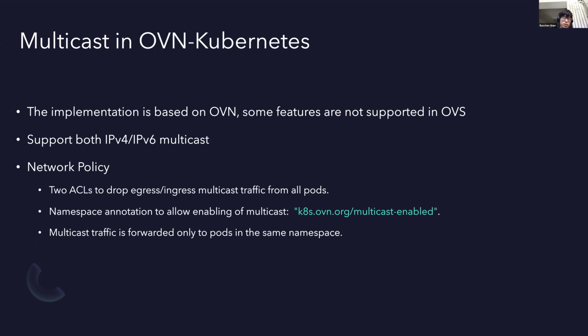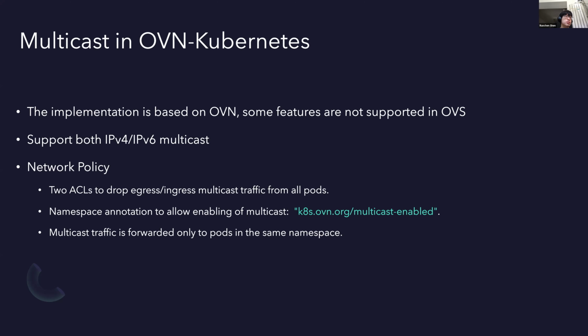And OVN Kubernetes supports the most features in terms of IP multicast. It supports IPv4 and IPv6 multicast with IGMP and MLD snooping. The implementation is based on OVN, so some concepts are not supported by OVS.